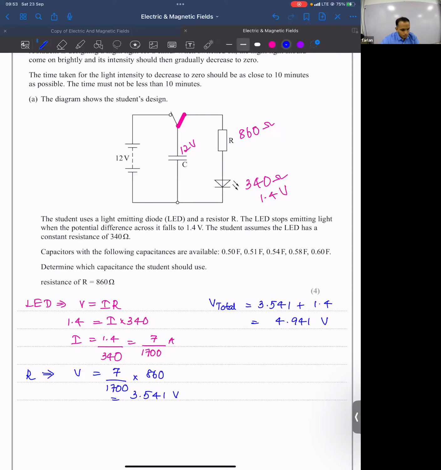So the total voltage across the resistor and the LED is 4.941. That will be the voltage across the capacitor as well. Am I right? So when the voltage across the capacitor comes down to 4.941, the LED will stop emitting light. Do you understand that?